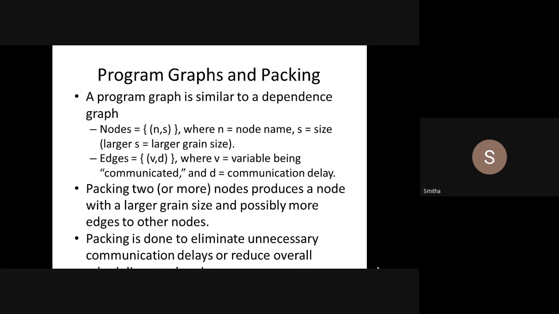So it is through message passing or a variable. So an edge is (v, d), where v is the variable being communicated and d is the communication delay. So four things we are going to represent here. Inside the node we write two things, the name of the node and the size of the grain, and on the edges we write v and d.